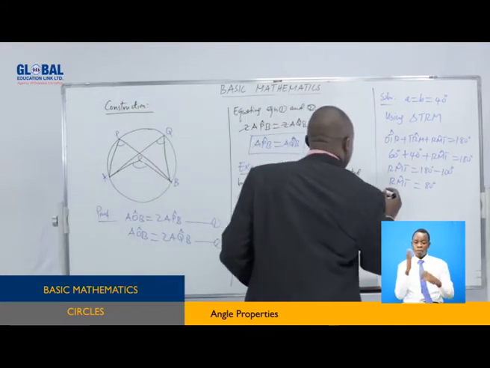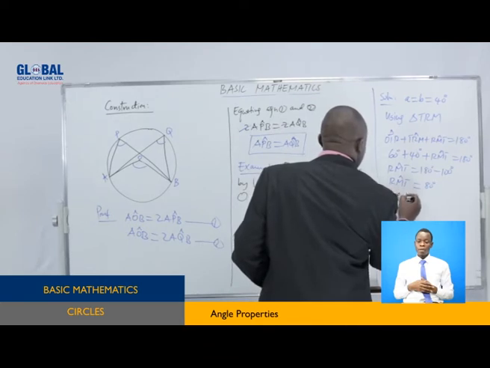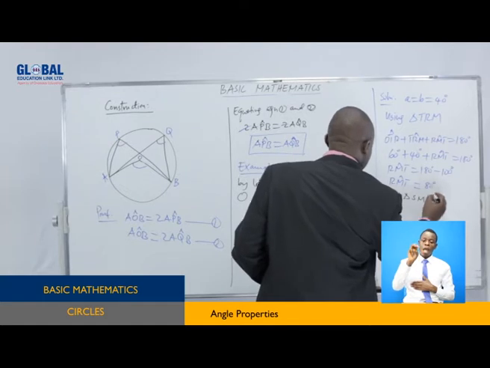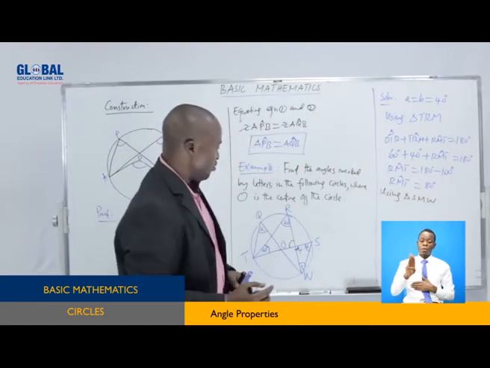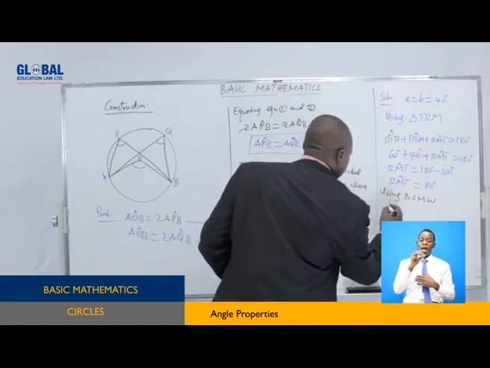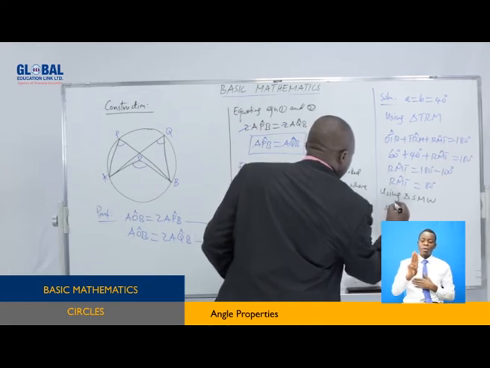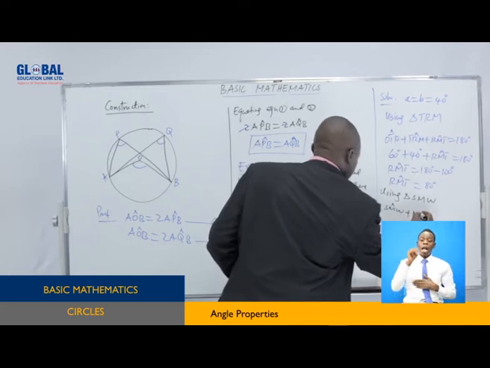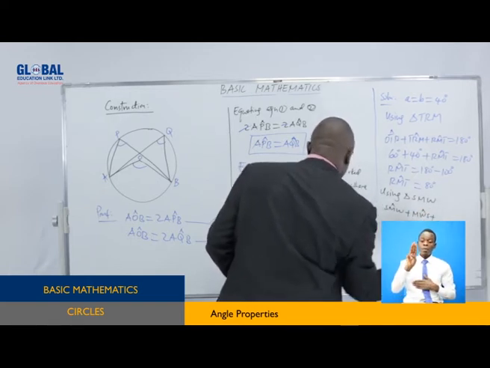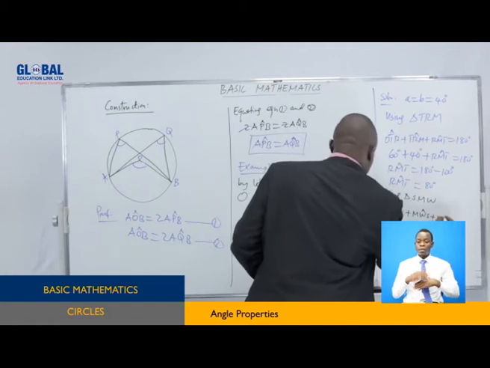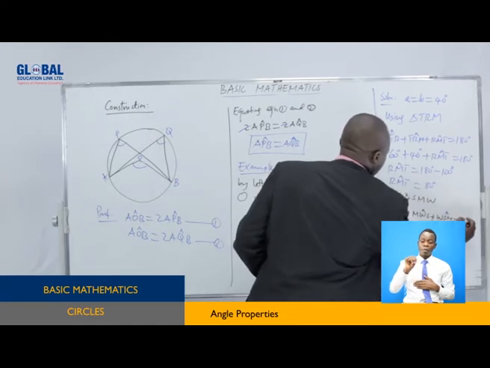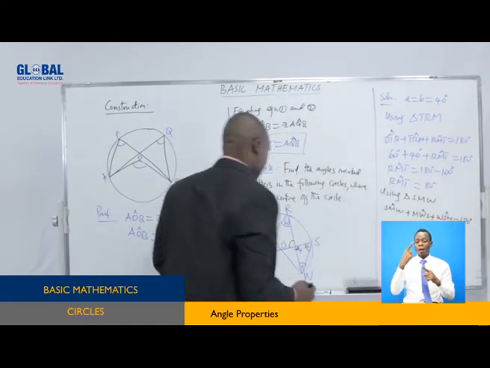So again, we say using triangle SCMW, we say SCMW plus MWS then plus WSCM. Again, this is equal to 180 degrees.